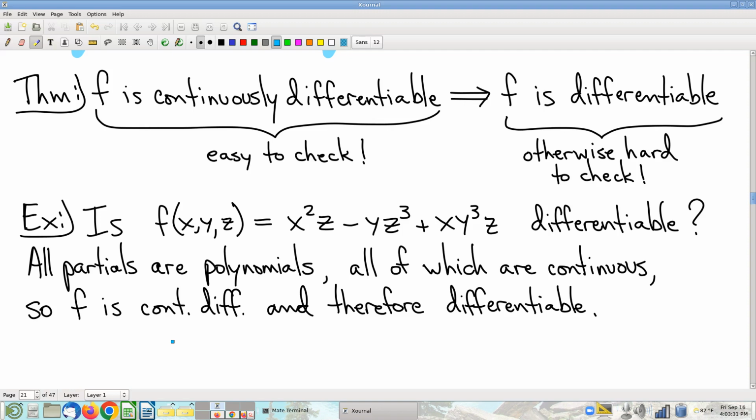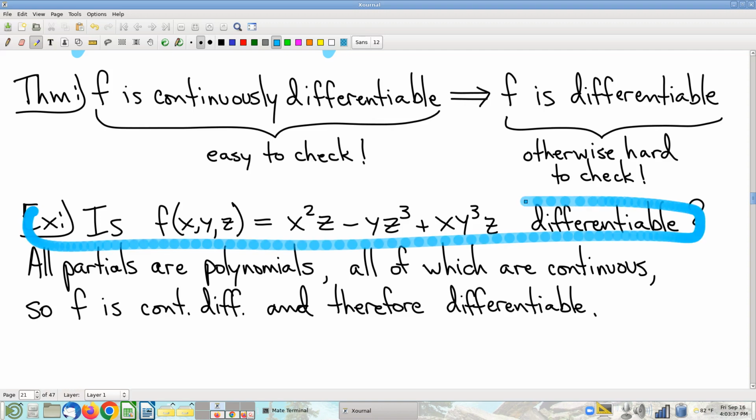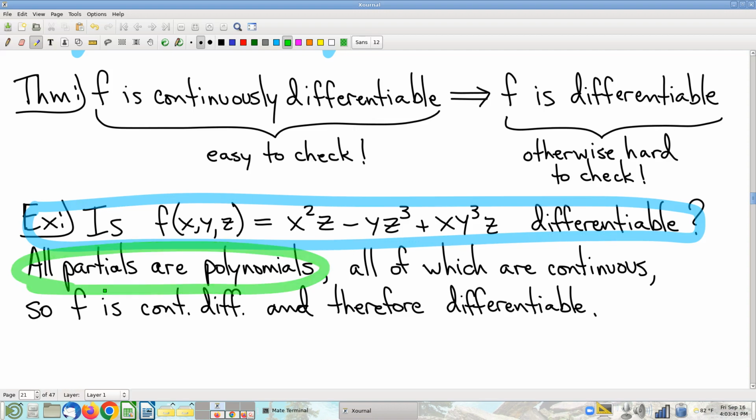So, for example, a student might write, to this question, all the polynomials are partials, and therefore this is differentiable. Now this is a true statement, and this is a true statement, but there's a big gap of reasoning, right? It was really important that those partials be continuous.